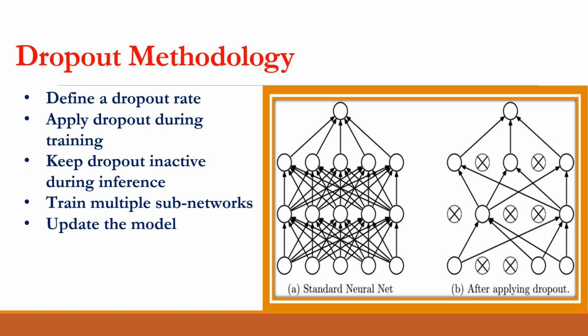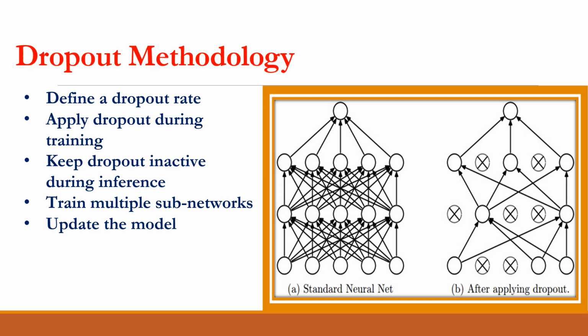Without dropout, the model might become overly specialized to the specific handwriting of the training data, leading to poor performance on new unseen data. But when we apply dropout, the model is forced to learn more generalized features that can recognize handwriting patterns across a wide range of styles, resulting in improved performance on new data.